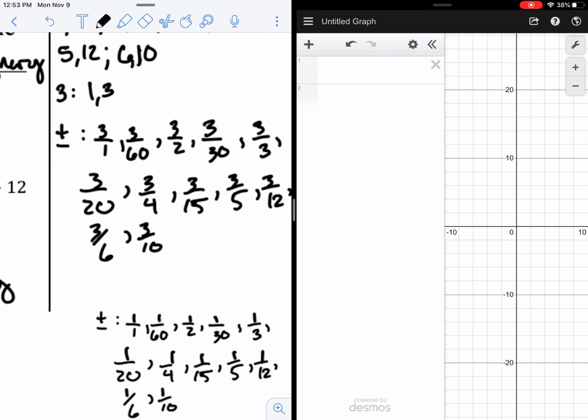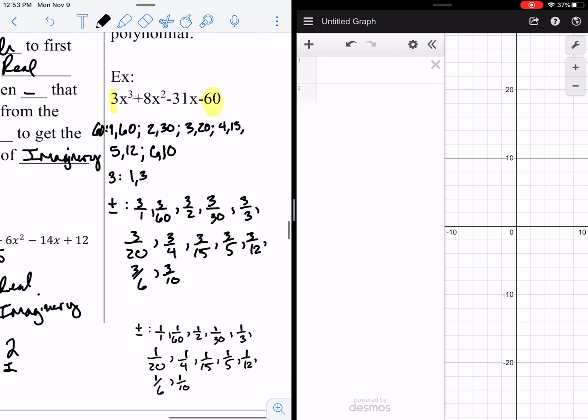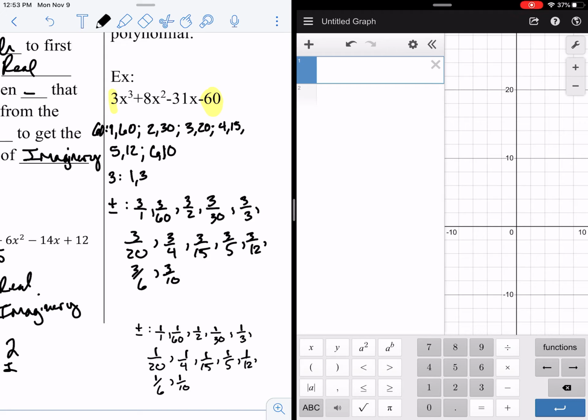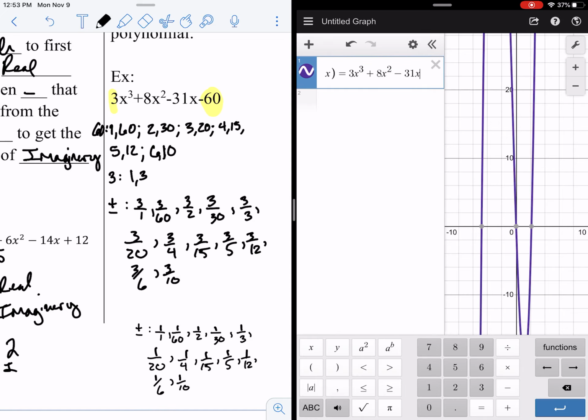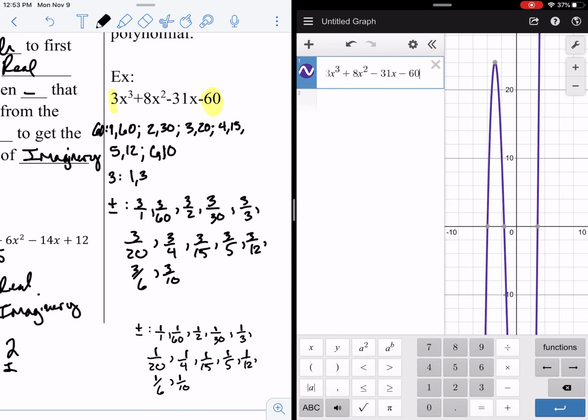What you do is you type the top equation in, so f of x. All right.